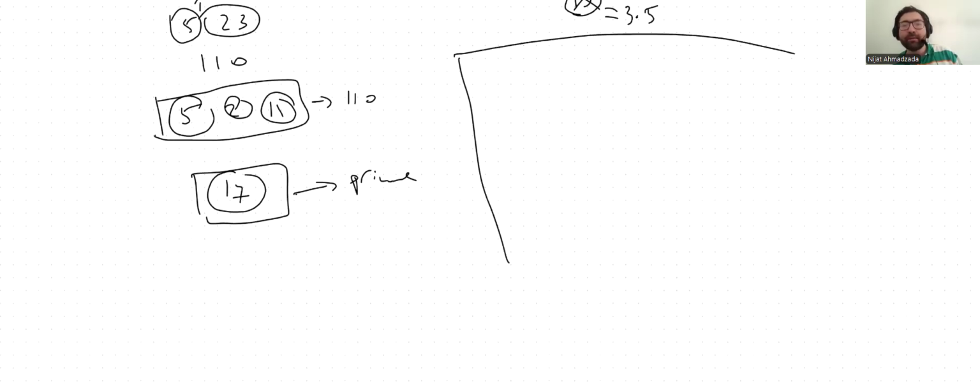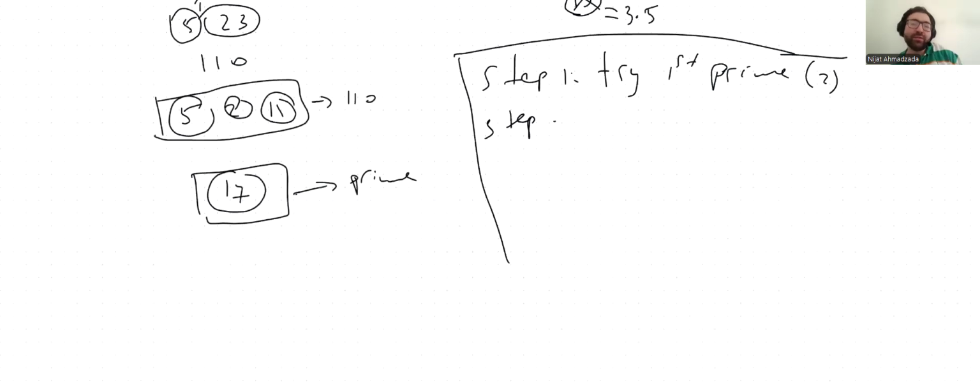Step one, try the first prime number. What is the first prime? That is 2. Step two, if it's not divisible by 2, try the next.